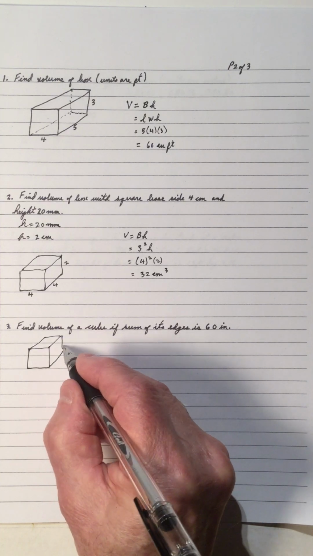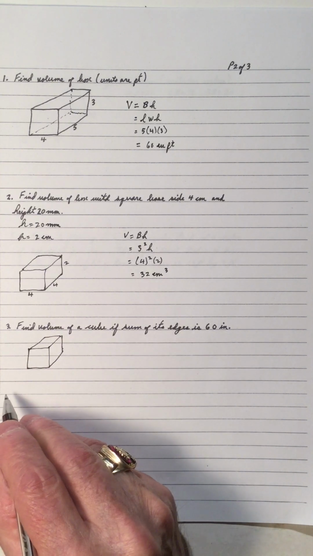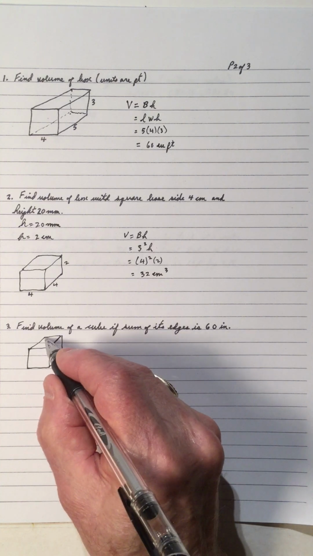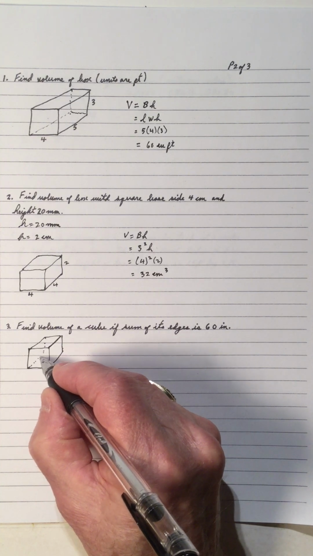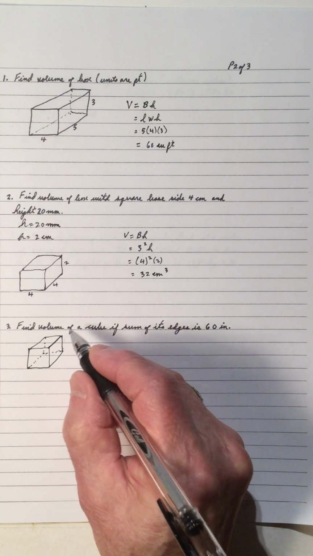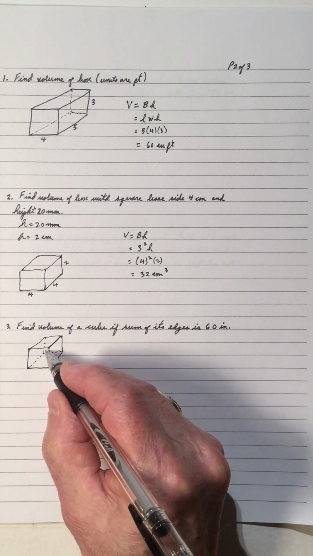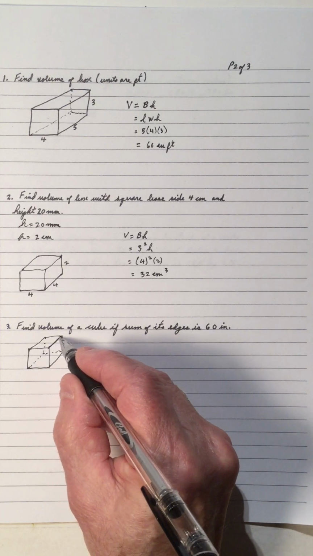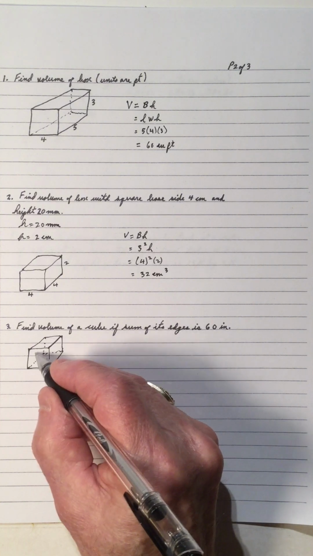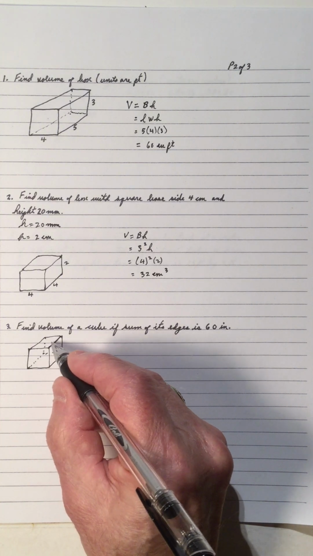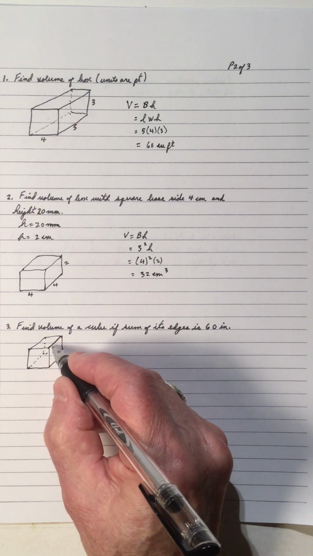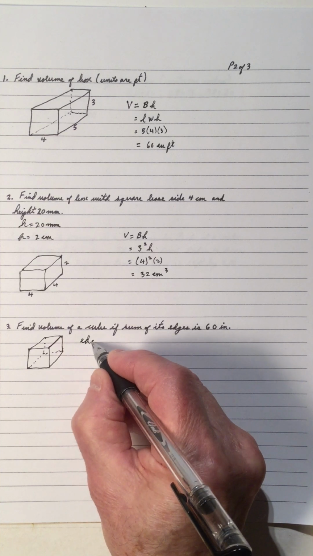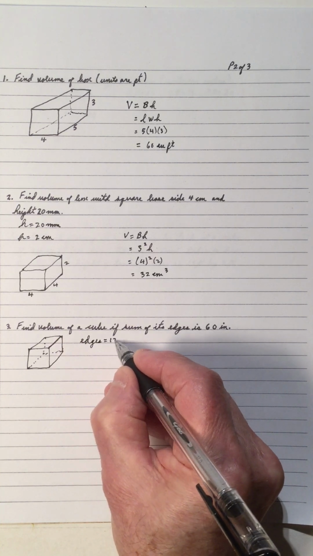If you take the front of the box right here, we got 4 edges, 1, 2, 3, 4. And that's the same as on the back here. So there's 4 in the front and 4 on the back. That's 8. And if you count these, 1, 2, 3, 4, that's 12. So a cube has 12 edges.